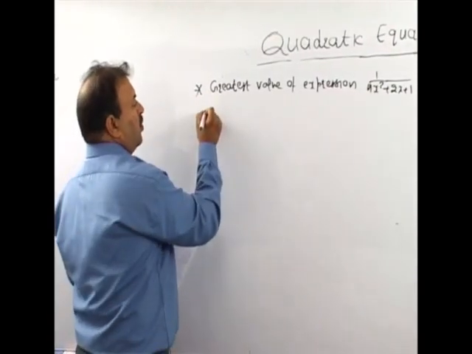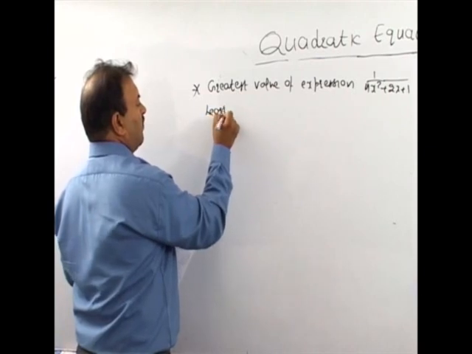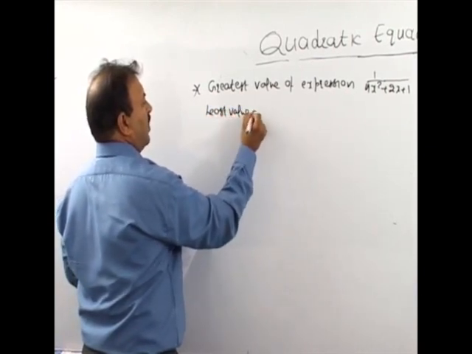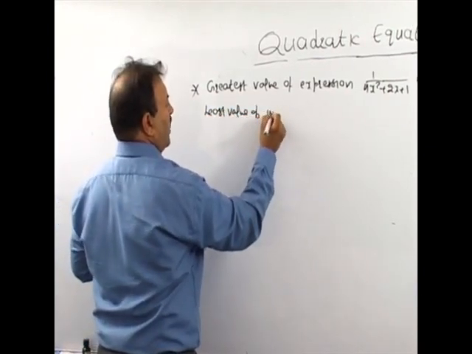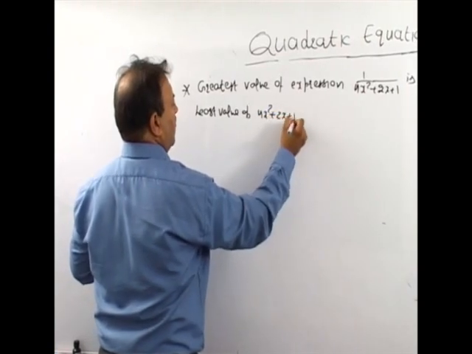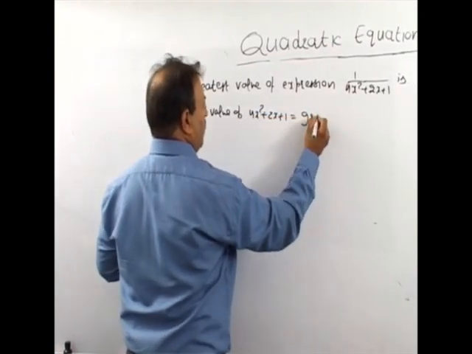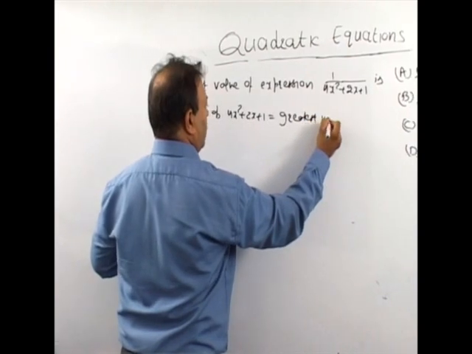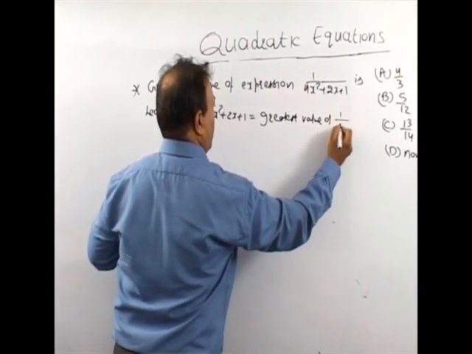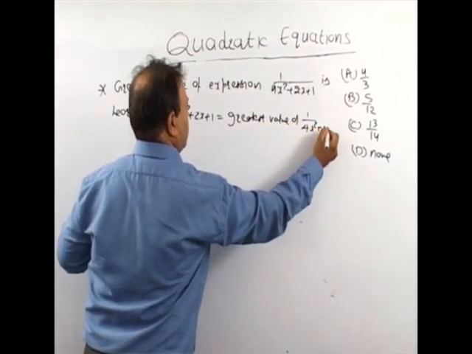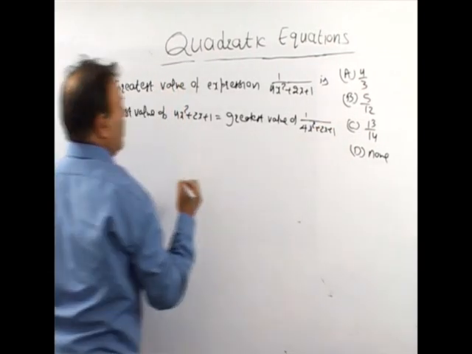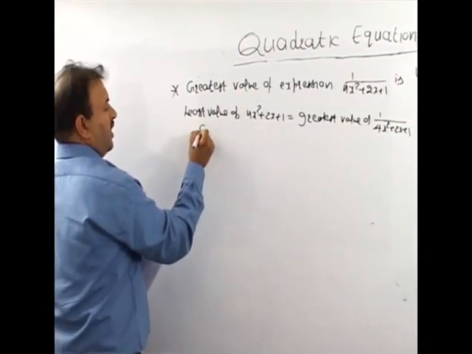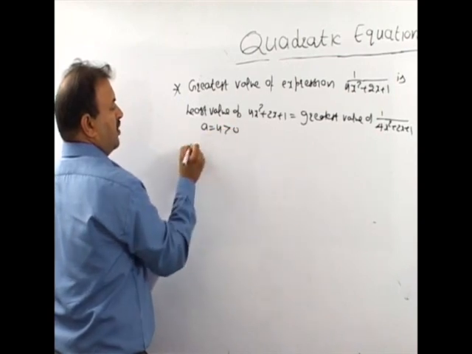We know one thing: the least value of 4x square plus 2x plus 1 is related to the greatest value of 1 upon 4x square plus 2x plus 1. So here a is equal to 4, greater than 0.